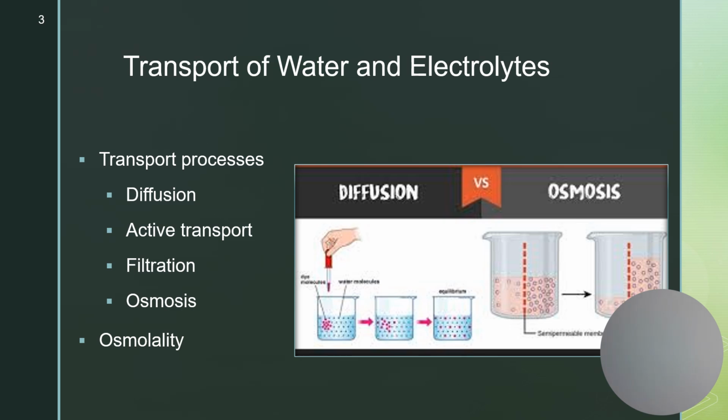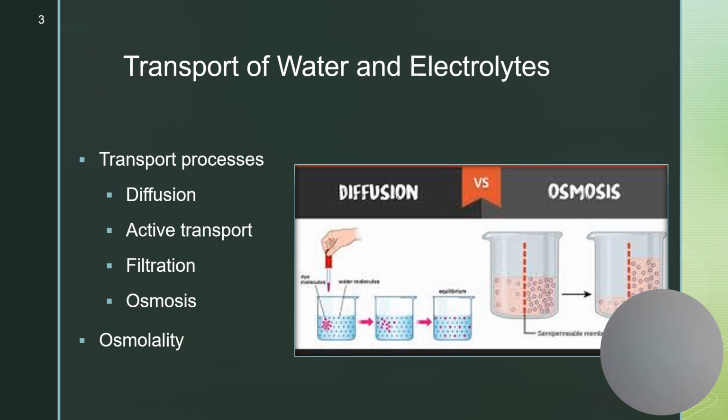Osmolality is the concentration of dissolved particles per kilogram of water. Osmolarity refers to the concentration of the particles in the body water. The higher the osmolality, the less water, and the higher the osmolarity, or the concentration of those dissolved particles.